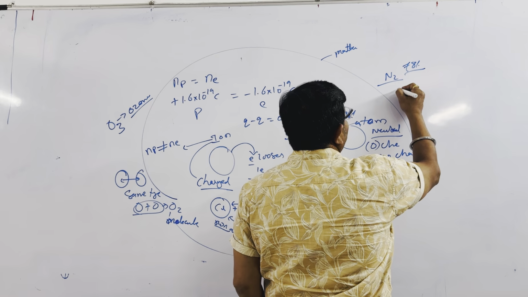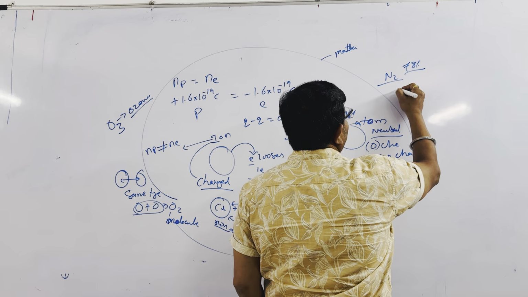You keep your doubt in your copy. We'll discuss it. So a molecule has the same type of elements, like oxygen and oxygen, the O2 molecule. Oxygen, oxygen and oxygen is the O3 molecule. This is called ozone.